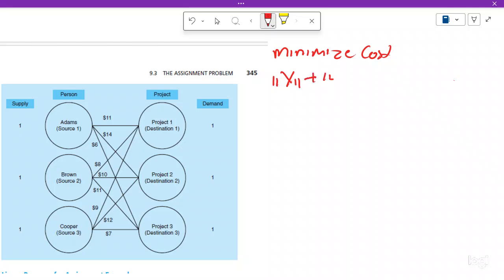Plus 14 x14, plus 6 x14, then x12, then x13.